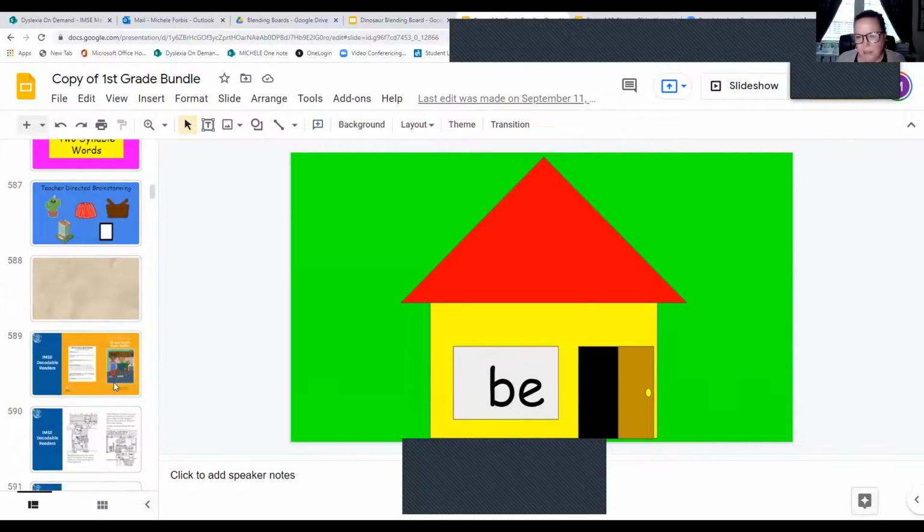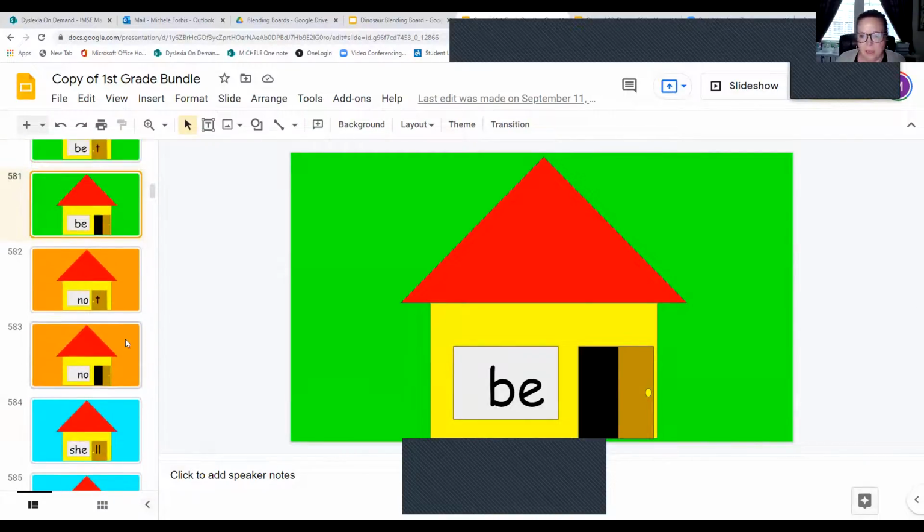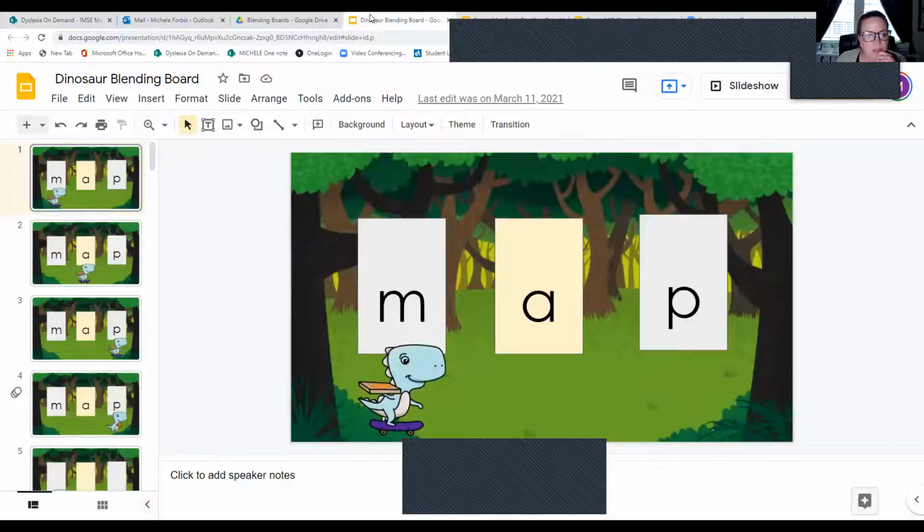So I love that they have these types of things that I can just pull, even if it's just for the teach piece or the discovery piece of Take Flight. I can pull these and make it a little bit more interesting, right? If they exist. The other thing I'm going to show you are the blending boards. And these blending boards, you can make them be anything that interests your kiddo. So my kiddo was really, really interested in dinosaurs.